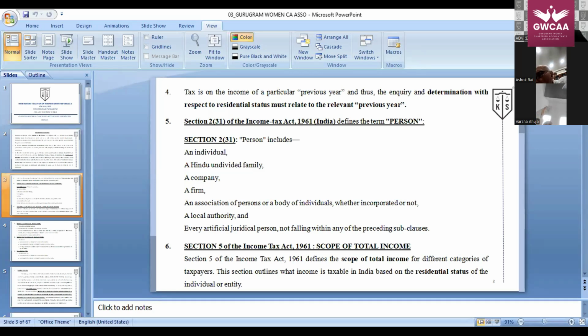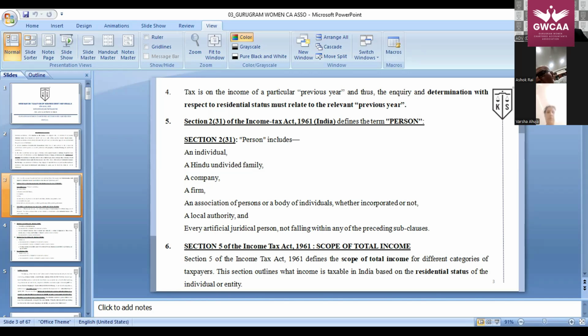But the condition is his income from India does not exceed 15 lakh rupees in a previous year. And there is another criterion: if he is a member of the crew of an Indian ship. Why am I telling you that this is the relaxation? I will tell you the logic later.